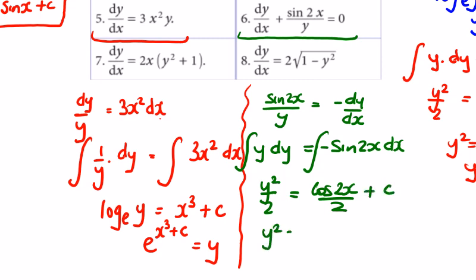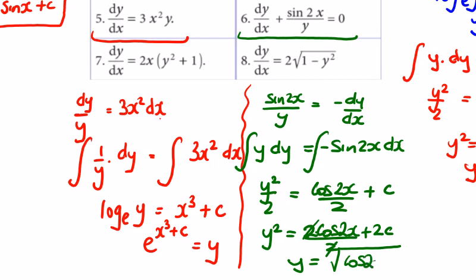So y squared, if we multiply by 2, will be equal to 2 cos 2x over 2 plus 2c. So y is going to be equal to the square root of cos 2x plus 2c, and the plus and minus version of that.